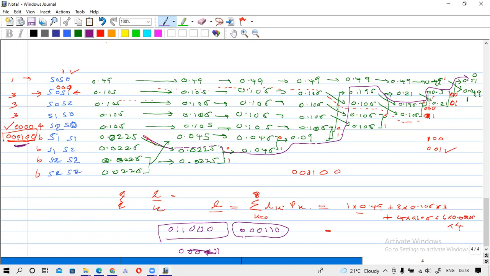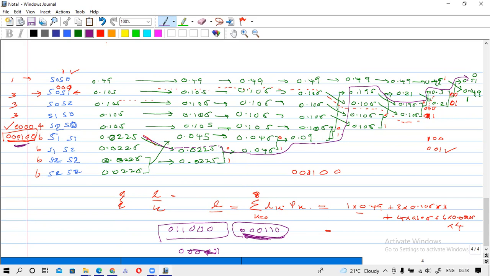So I think we get the correct answer. For S1 we will have this one. This one is wrong. Maybe I have made a mistake. So it will be 0, and here this 2 will add, it will be 0.45, and here it is 1.